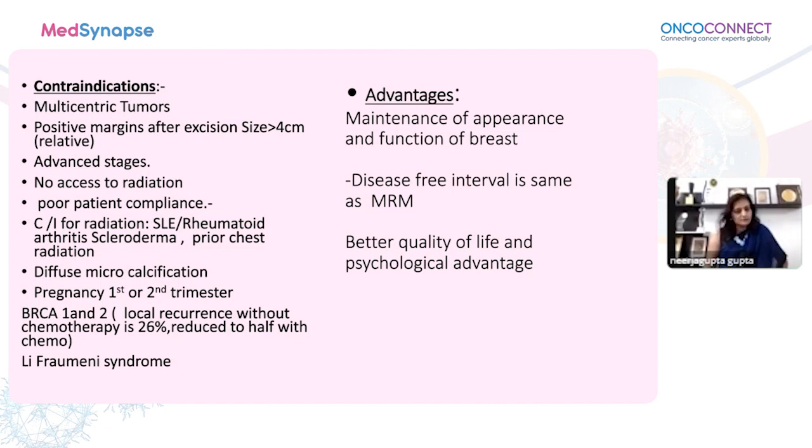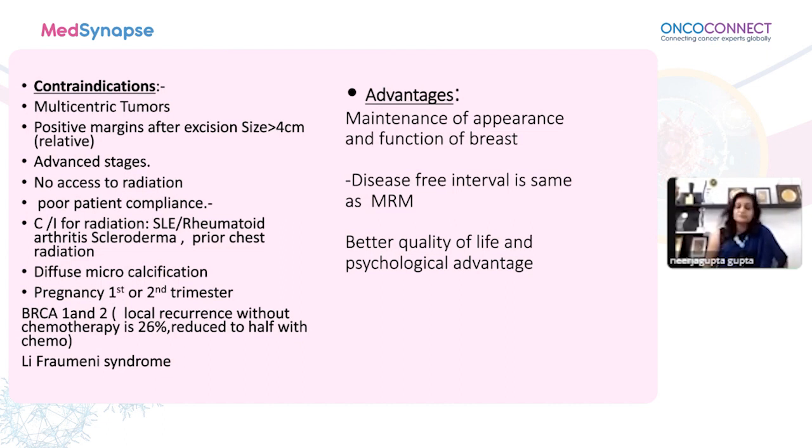Li-Fraumeni syndrome, or a TP53 gene mutation, is one that comes out when the patient has a very strong family history, and after evaluation of the family history, you realize that the patient needs a genetic consultant for further evaluation. So she goes to the genetic consultant and they draw a pedigree, they evaluate the patient in terms of computerized models and the risk factor is determined.